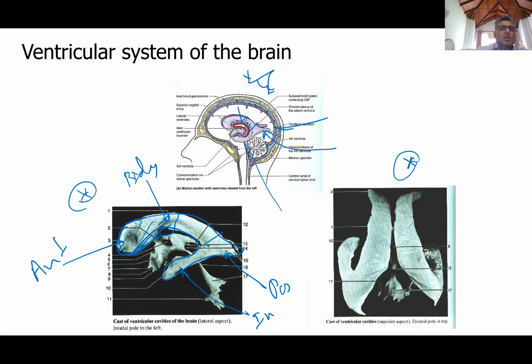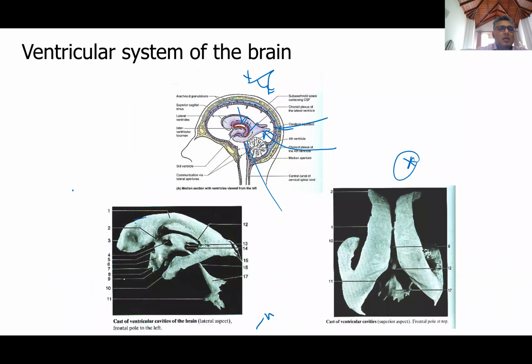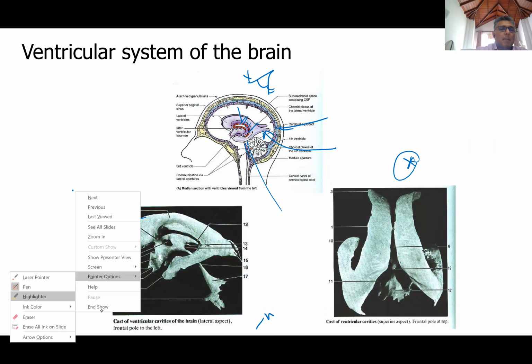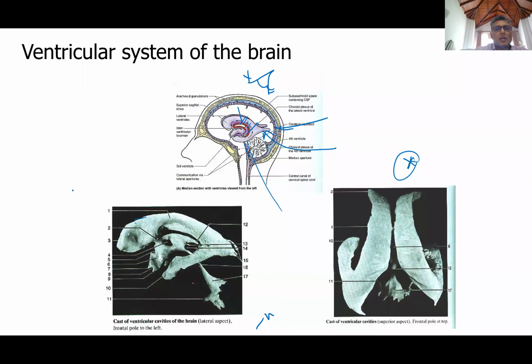So if I draw the brain in relation to this one, I'll take a different color. So this is how I can draw the brain. Frontal lobe here, parietal lobe, then the occipital lobe and the temporal lobe. So this is how it is distributed into the different lobes of the cerebral hemisphere.